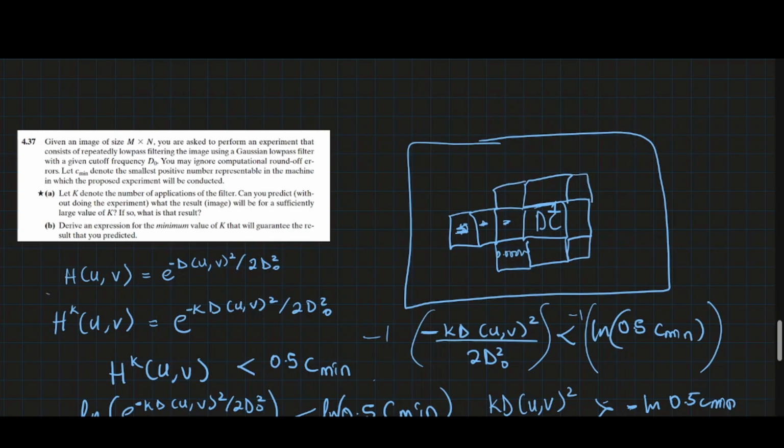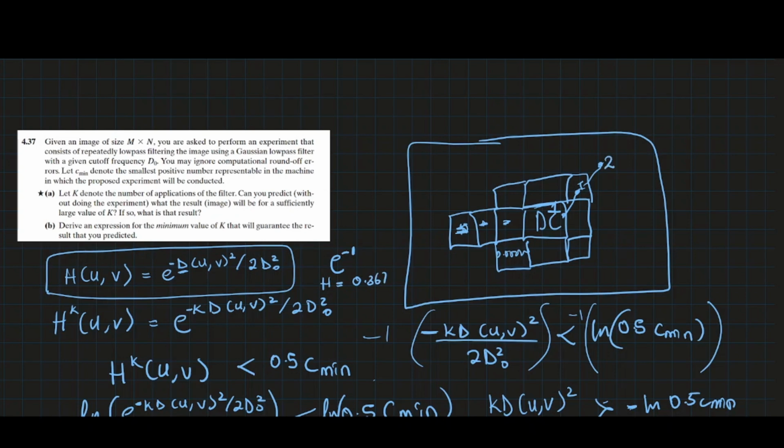That's because, as you can see from the formula for the Gaussian low pass filter, as the distance from the origin increases, this is distance of 1, this is distance of 2, but let's work with distance of 1 first. For a distance of 1, that's maybe e raised to the power negative 1, the value of h is going to be around 0.367. For a distance of 2, that's e raised to the power negative 2, the value for h is going to be 0.135.